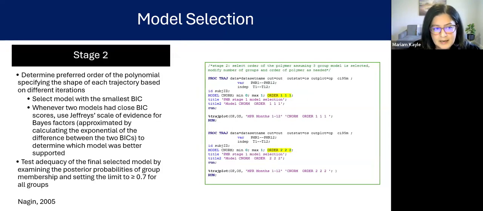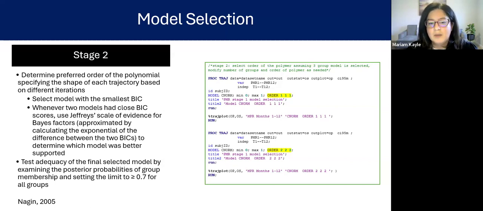In the second stage, this is where we start playing around with the shapes of the trajectory and understanding how the trajectory changes shape over time. And so we would start playing with the shape by calling a quadratic or cubic or flat kind of trajectory.